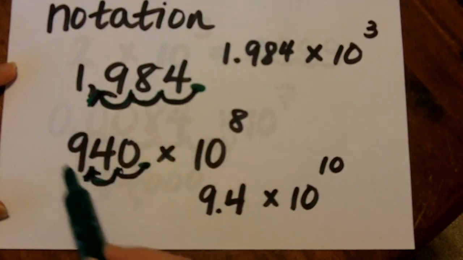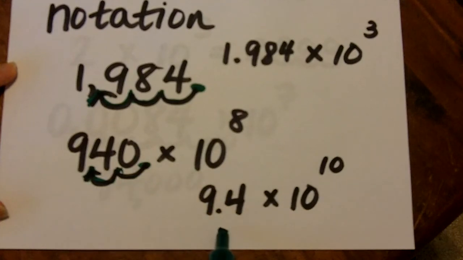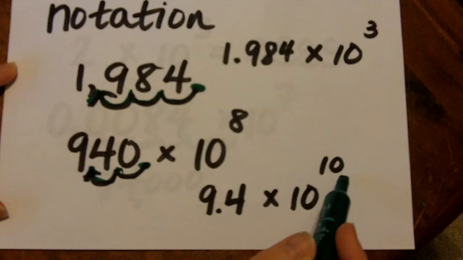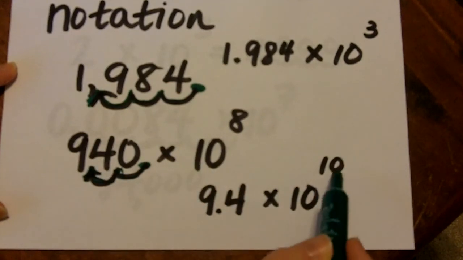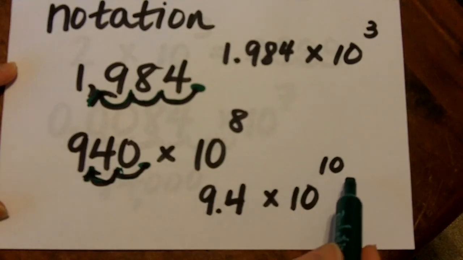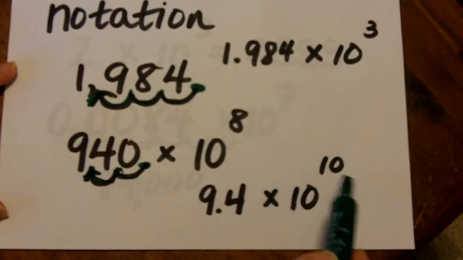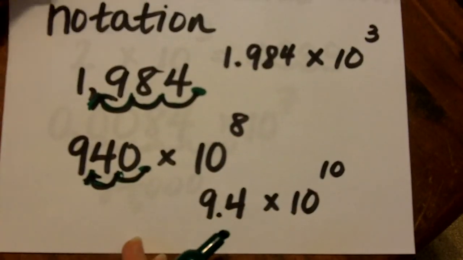When you make a big number smaller, which is what you're doing when you make 940 simply 9.4, then you're going to make the exponent that many times larger. So we moved 2 places here, so we're going to make this exponent 2 larger. It's actually 100 times larger, but if you add 2 to 8, you'll see that it's 10, and that's what we're referring to.